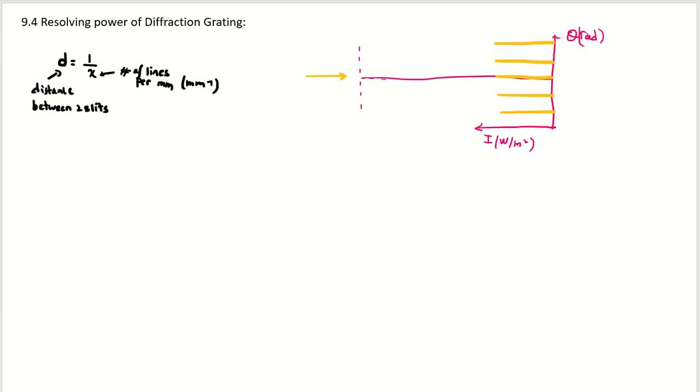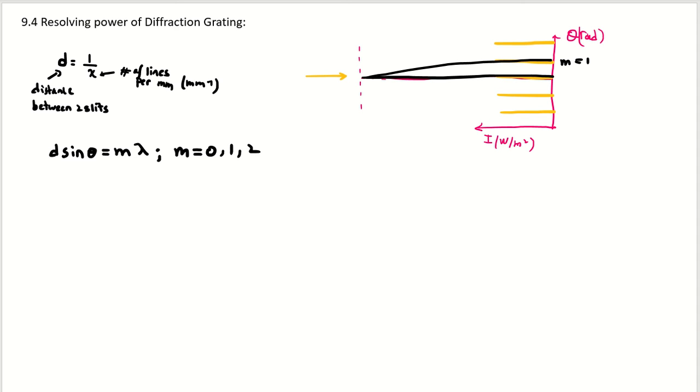And we have learned from topic 9.3 that in order to find the angular separation between the central max and any maximum, like the first max or the second max, the first order, second order, and so on, I have to use this equation: d sine theta equals m lambda, where m takes the values of 0 for the central maximum, 1 for the first order, 2 for the second order, and so on.